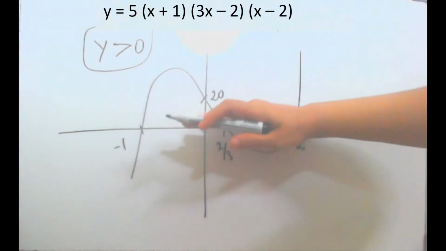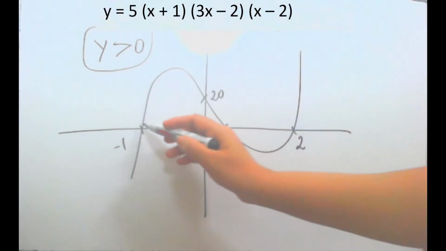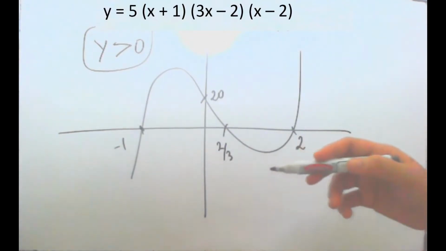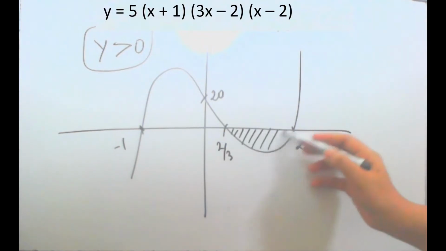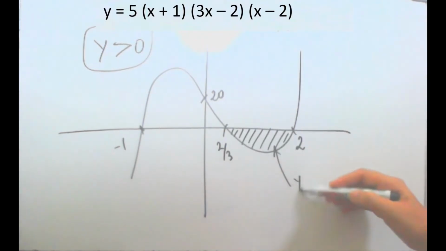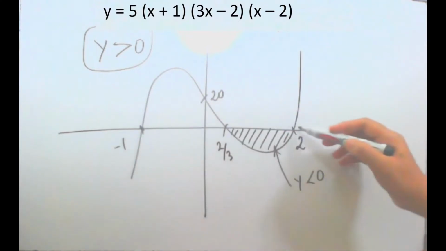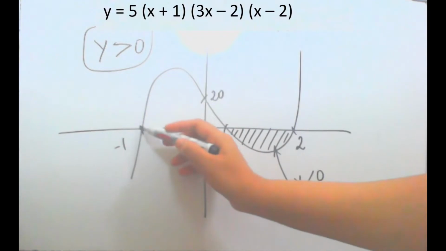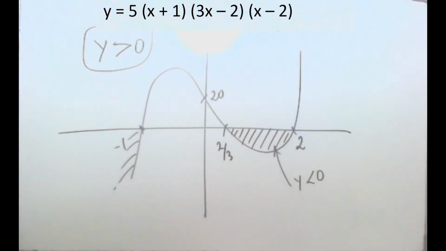So y greater than 0 is above. So you can see within which values the y value is greater than 0. If you see, this is the part of the graph where the y value is less than 0. Whereas between these two and above this, the value is greater than 0. Again, the value goes to negative y values.